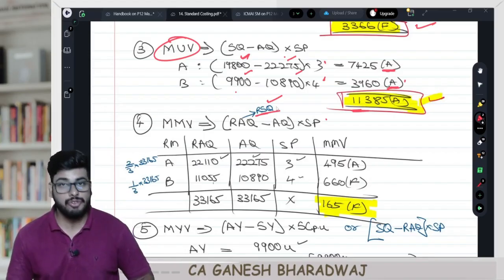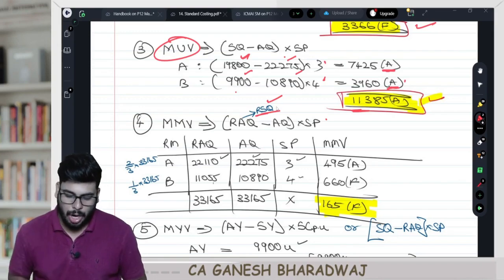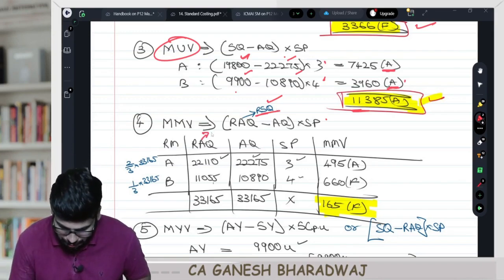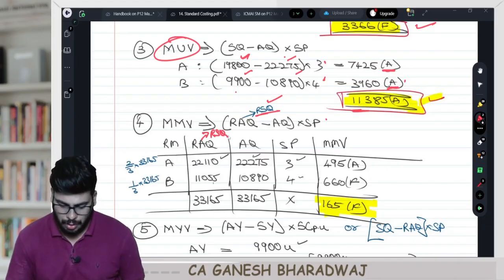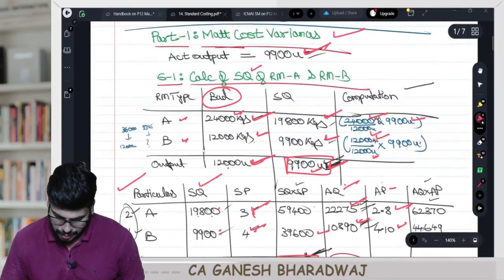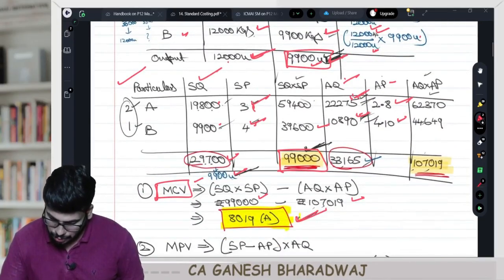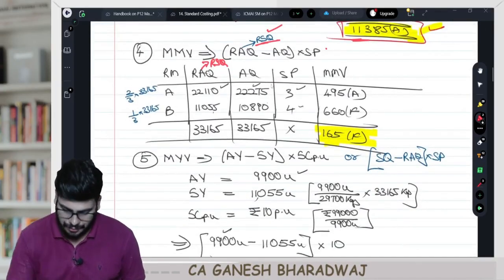So now how would you do this? This is what I said I will explain when we are doing the numerical problem. Now, how will you arrive at this? This RAQ is nothing but revised standard quantity, guys. Clear with this, right? Now, what you need to do, actual quantity. How much is the actual quantity? We have the figures here. The actual quantity is 22,275 and 10,890. First, you need to fill this column.